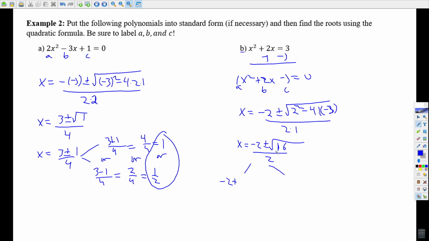We have -2 plus square root of 16, which is 4, over 2, or -2 minus square root of 16, which is 4, over 2. So this one would give us 2 over 2, or 1, or -6 over 2, which is -3. And those are your two answers. I really should put little x equals in here, because those are the two roots you have.